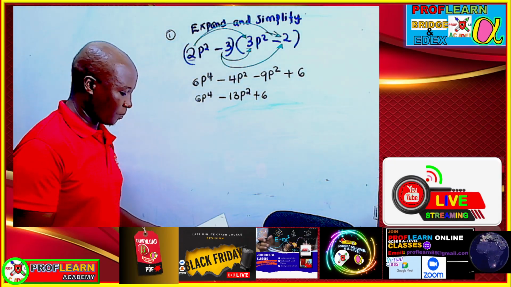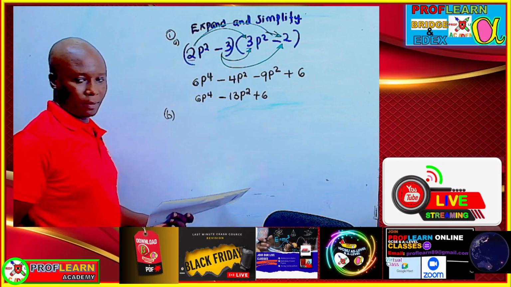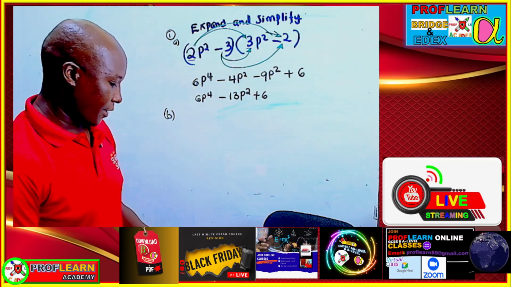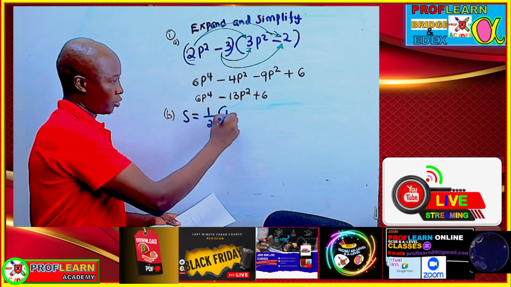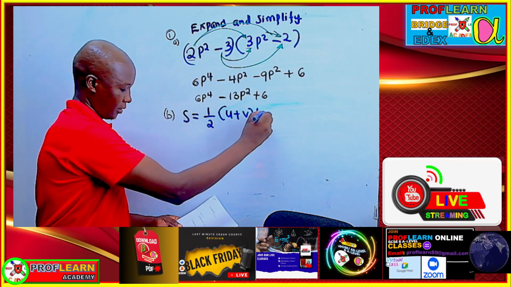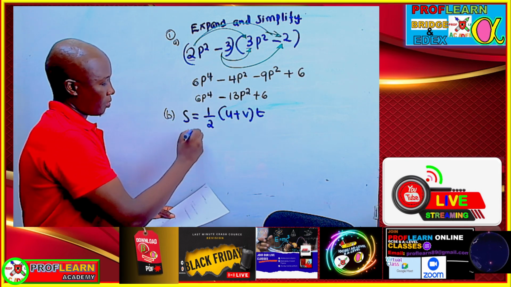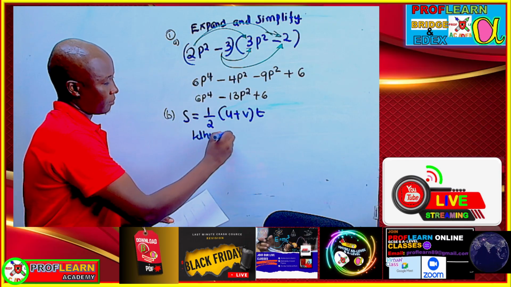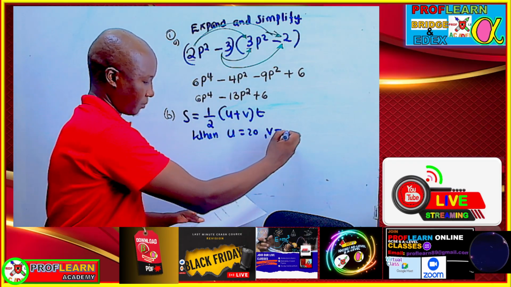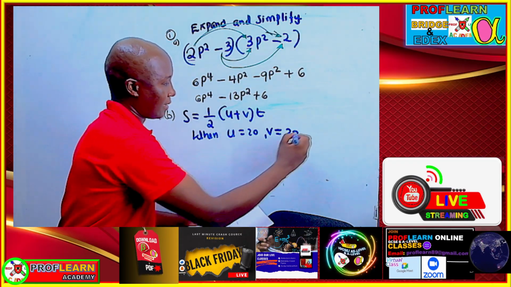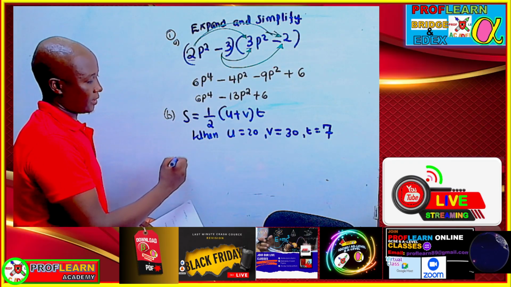Whenever you are told to substitute, maybe you are given, let us call this part A and this part B, that the formula is S equals a half into (U plus V) times T. And then you are supposed to find the value of S when U is equal to 20, V is equal to 30, and T is equal to 7. You are supposed to find S.